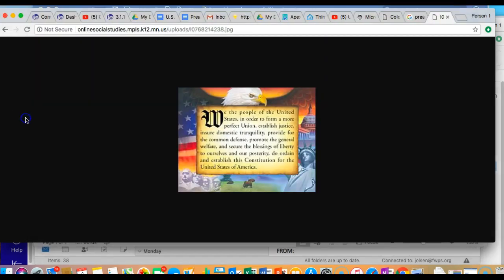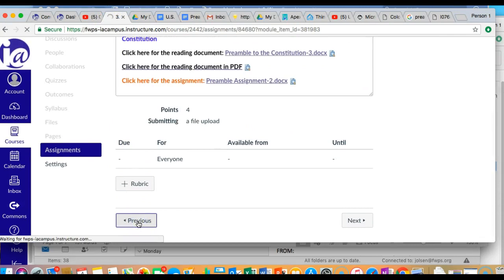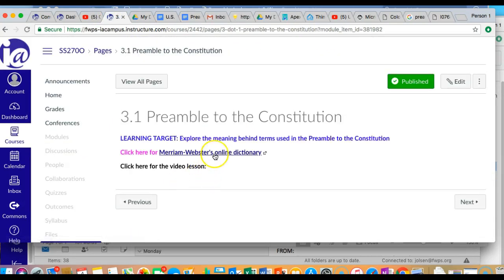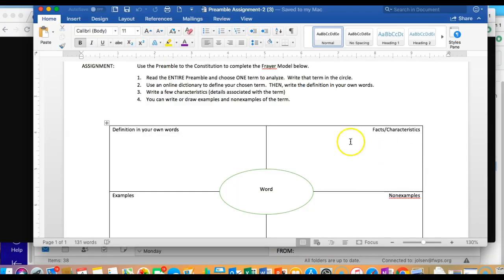And on the lesson page, so I'll back up just a moment. On the lesson page, I have given you a link for the Webster's Online Dictionary, okay? And then you're going to click on the online dictionary using one of the words from the preamble. There we go.